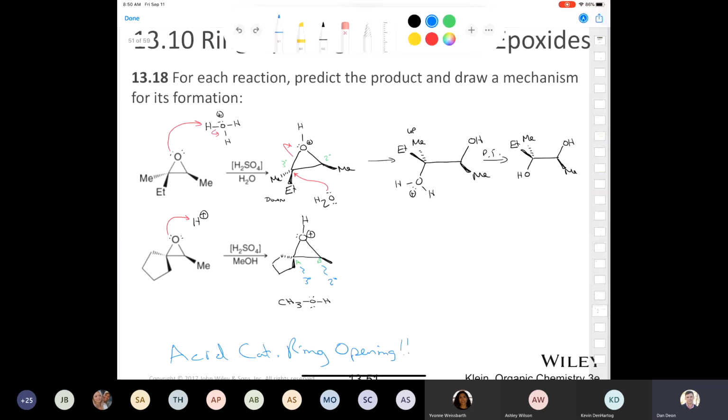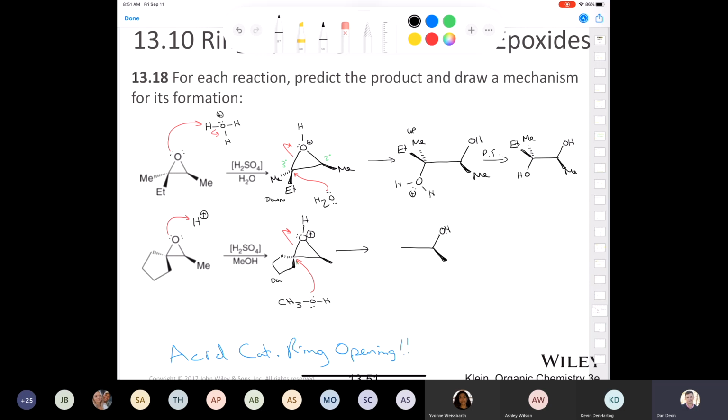So I'm going to delete some of this spinach so I can draw a nice clean mechanism here. We'll delete that, delete that. So now my methanol is going to come in as a nucleophile and do a nucleophilic attack here. Then I'm going to pop that ring open, and what do I end up with? I'm going to end up with my methyl group pointing down like this, my hydroxyl like this.